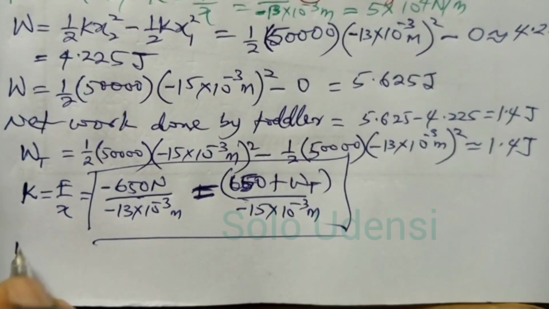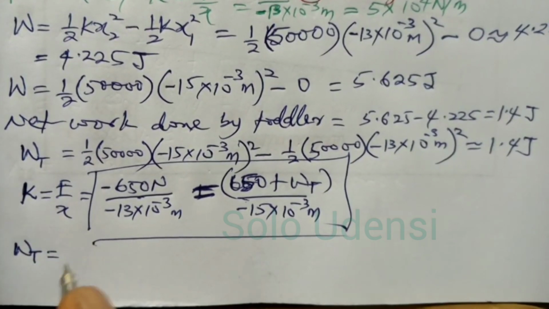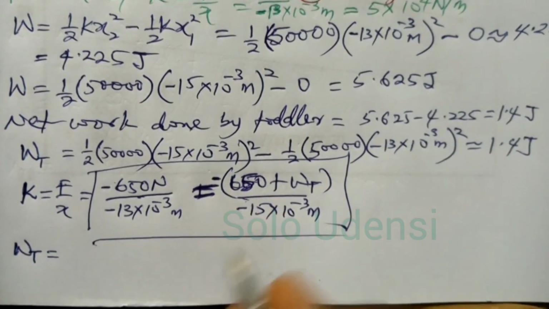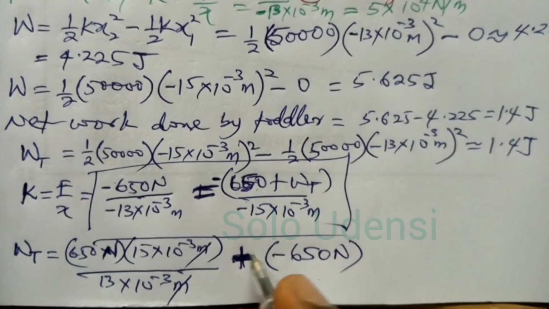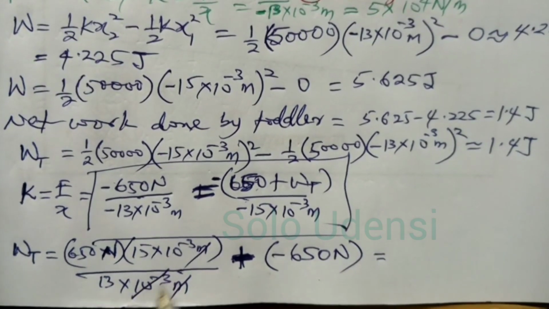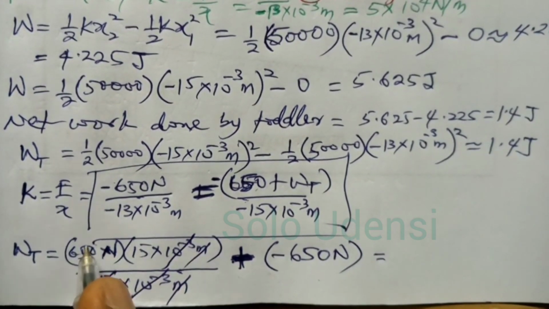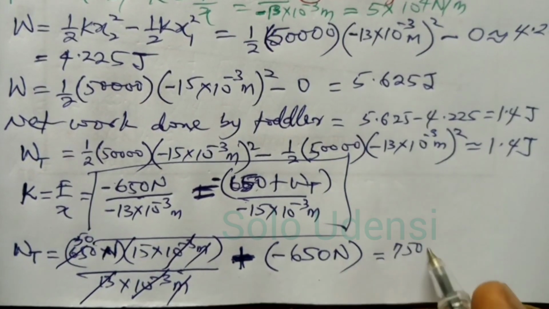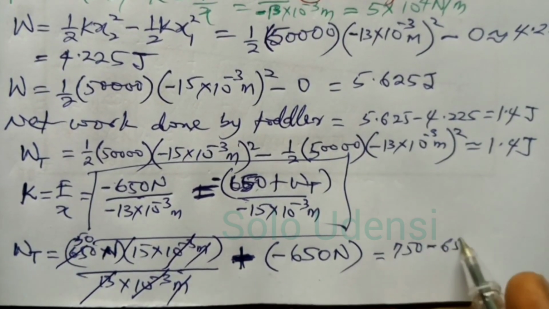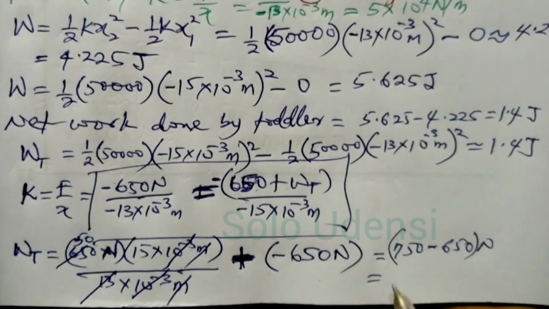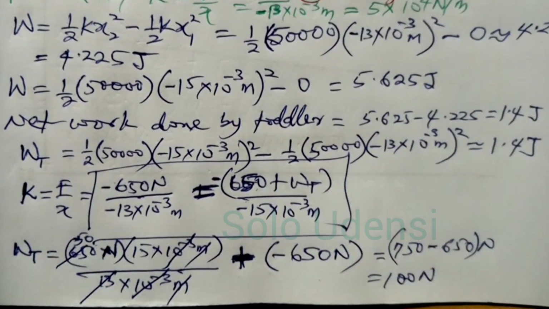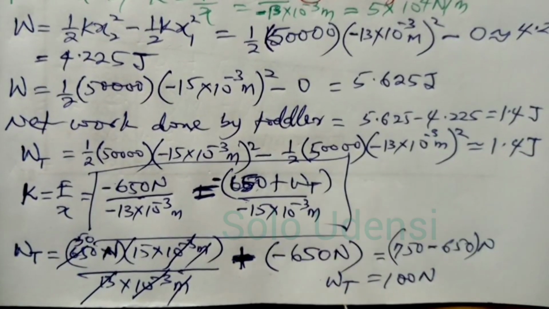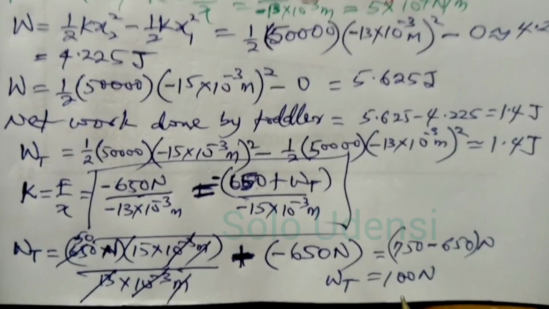We find that WT, the weight of the toddler, because it's pressing down, is 50,000 times 15 times 10 to the power minus 3, which is 750, minus 650 Newton, and we will have 100 Newton. So the weight of the toddler is 100 Newton, or about 10 kg.